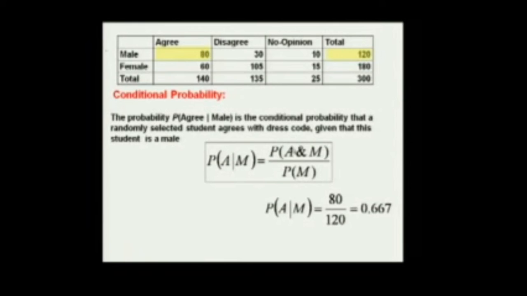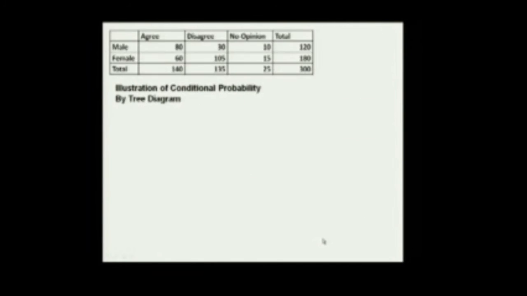Either by looking at P(A and M), which is the 80 divided by 300, and divided by P(M), which is the 120 divided by 300, and as you can see, 300 will cancel out in that ratio, and that will give us 80 over 120. Or directly from the contingency table, we have here P(A given M), we have 80 divided by 120 will give us the P(A given M) directly.